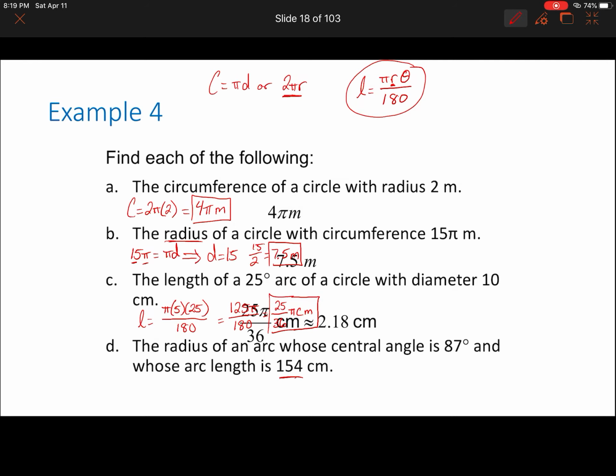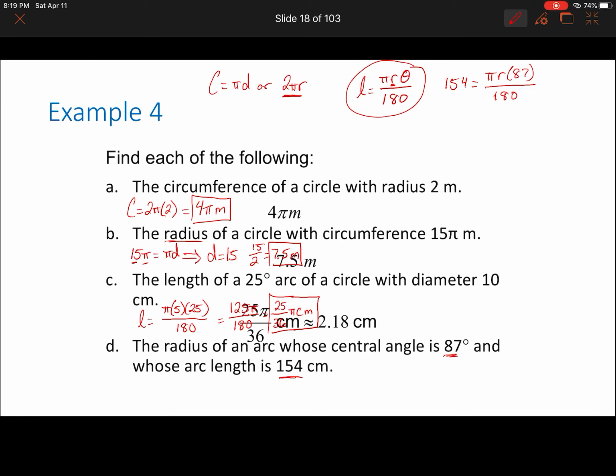Well, we're given the arc length. We're told it's 154 centimeters. So in our formula, we can put in that 154. We know pi is a number. We're looking for the radius. We don't have it yet. And then our theta is 87 degrees, divided by 180.